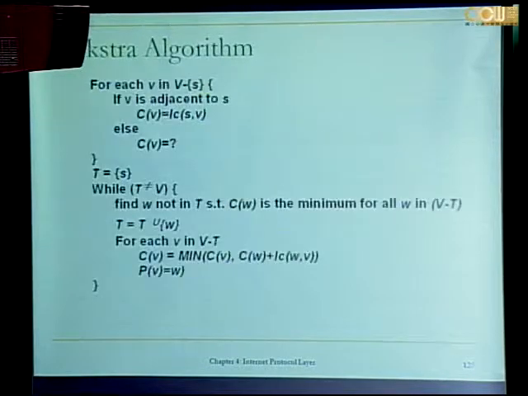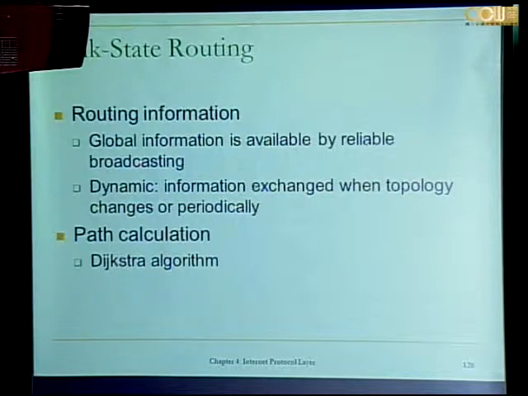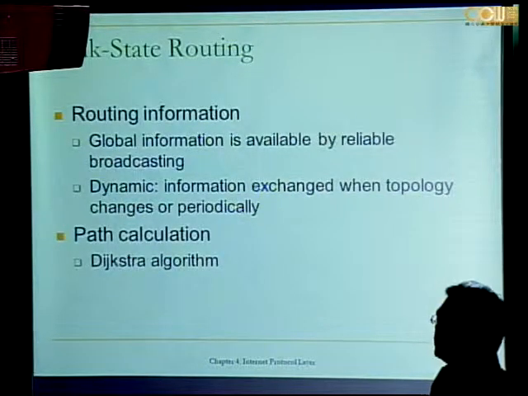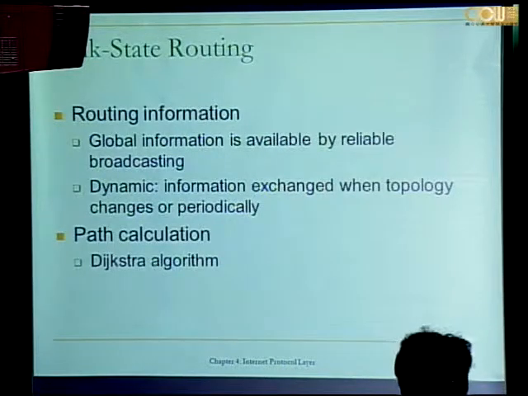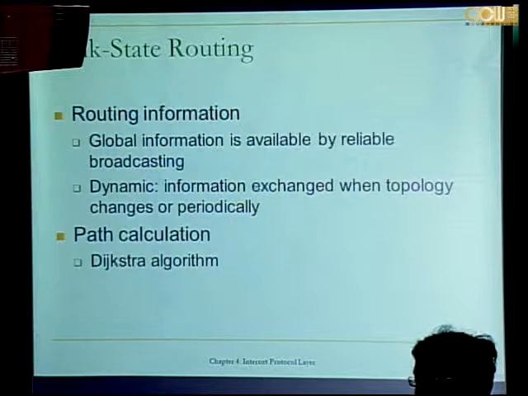Okay, let's look at the link state routing first, which is based on global information. We need to collect the global information by reliable broadcasting, and you will see that this is done by OSPF, and OSPF runs right on top of TCP.